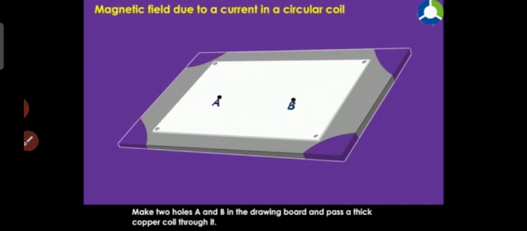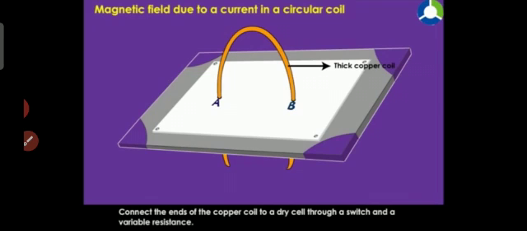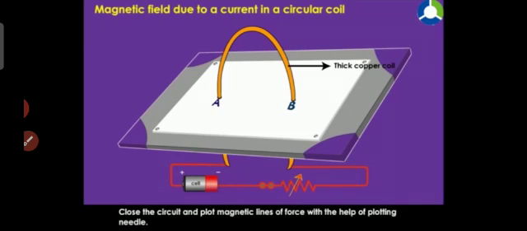Make two holes A and B in the drawing board and pass a thick copper coil through it. Connect the ends of the copper coil to a dry cell through a switch and a variable resistance. Close the circuit and plot the magnetic lines of force with the help of a plotting needle.